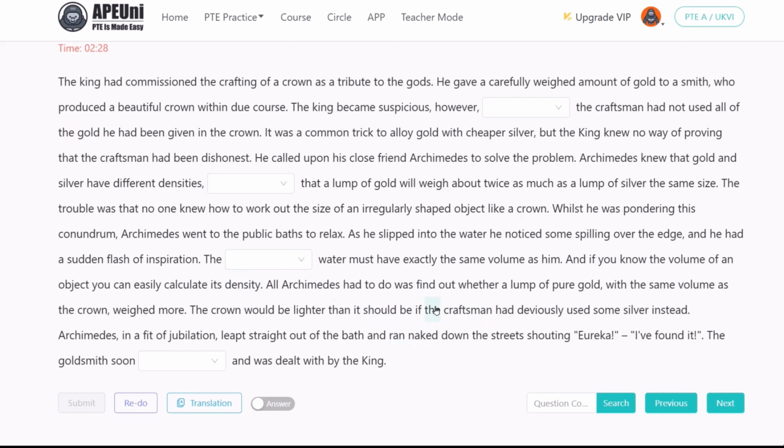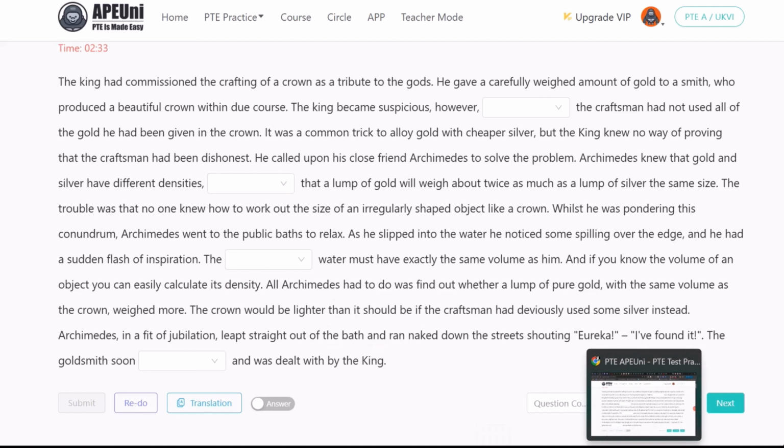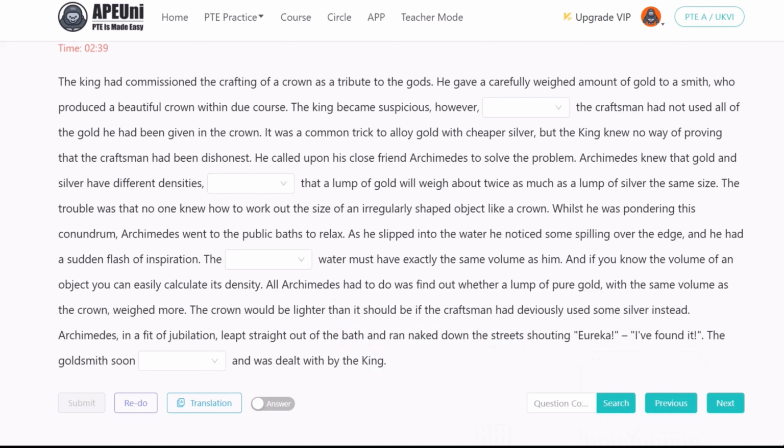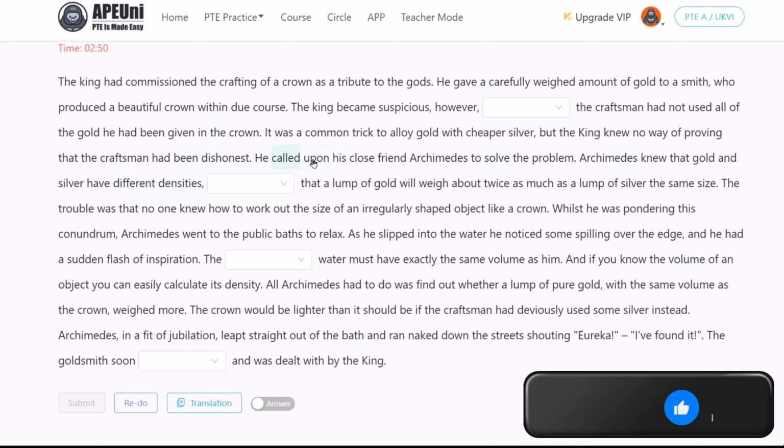Here they are talking about a bath, right? Displaced water in a bath. He discovered a method to calculate density, proving the craftsman's dishonesty. Let's move to the first blank.